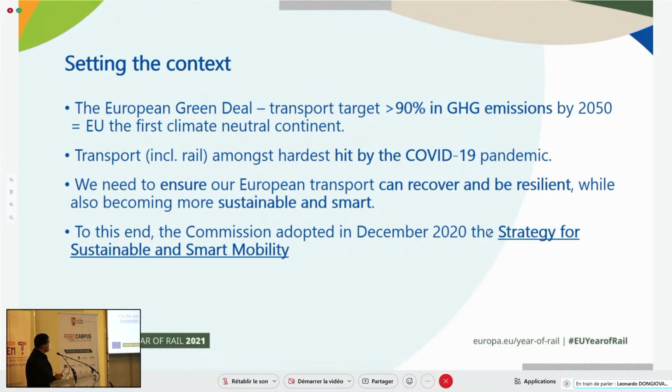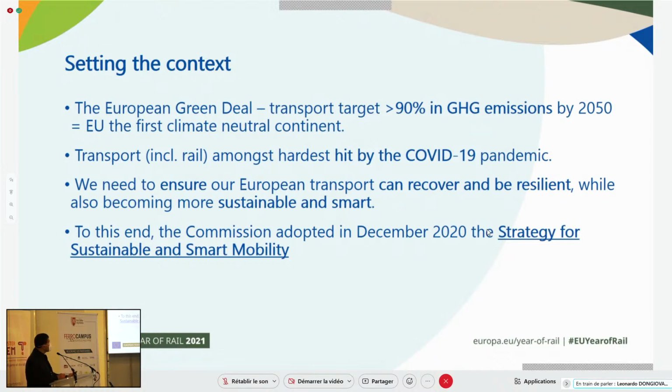In that respect, the starting point is the European Green Deal, which the Commission put forward in December 2019. This had quite ambitious targets in terms of reduction of greenhouse gas emissions, notably 90% from the transport sector, in 2050 with 1990 as the baseline year. And also the ambition to make the EU the first climate neutral continent.